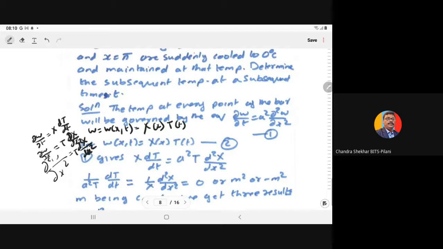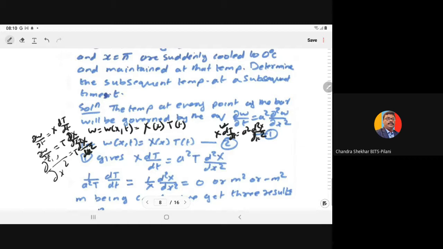So our partial differential equation becomes X dT by dt equals a squared T d2X upon dx2.